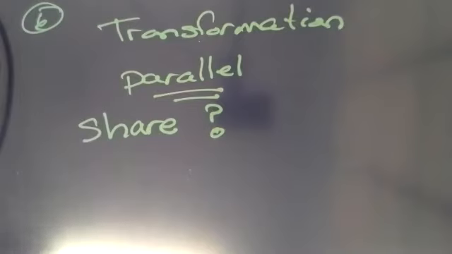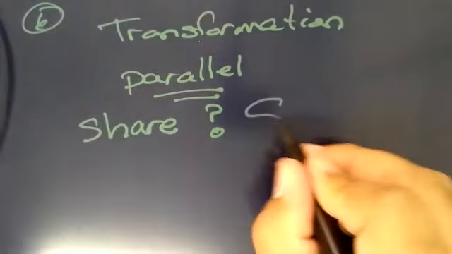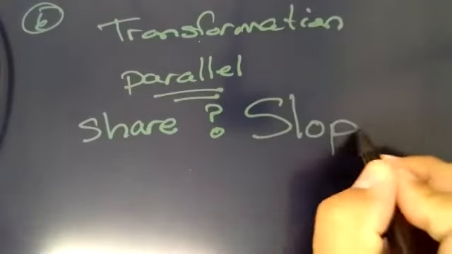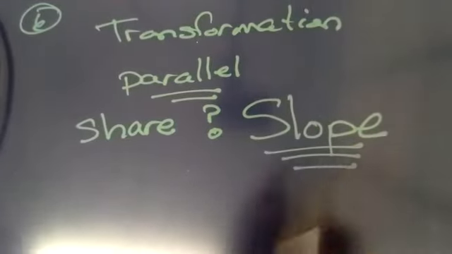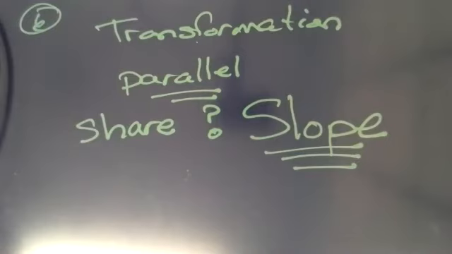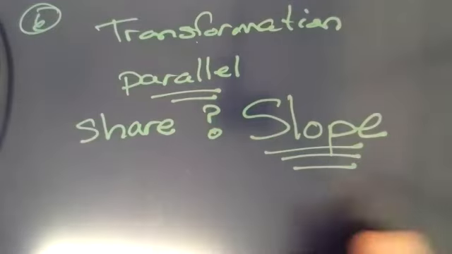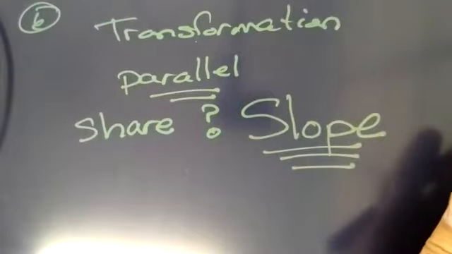When two lines are parallel, what do they share? Thank you. They share the same, very important, guys, they share the same slope, okay? Remember, this is very important because if they share the same slope, I'm going to give you an example.